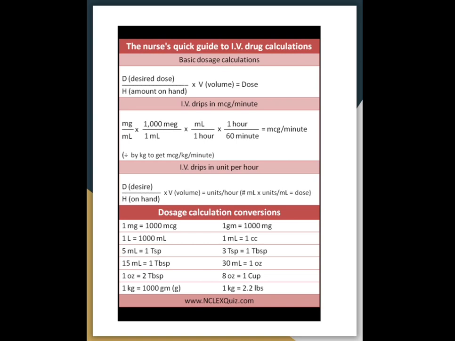Now, there's also a formula whereby you might want to know how to calculate the number of drips per minute, which would be GTTs per minute. We'll talk about that. But then also how to calculate IV drips in micrograms per minute. Okay, I don't love this formula for getting you there. I'm going to show you another one as we move a bit further in here.